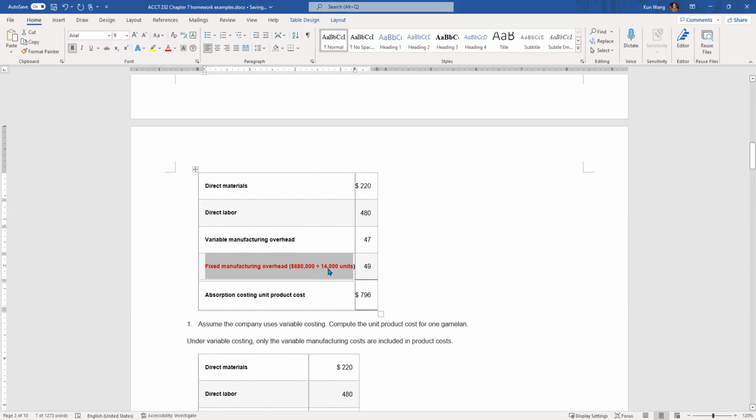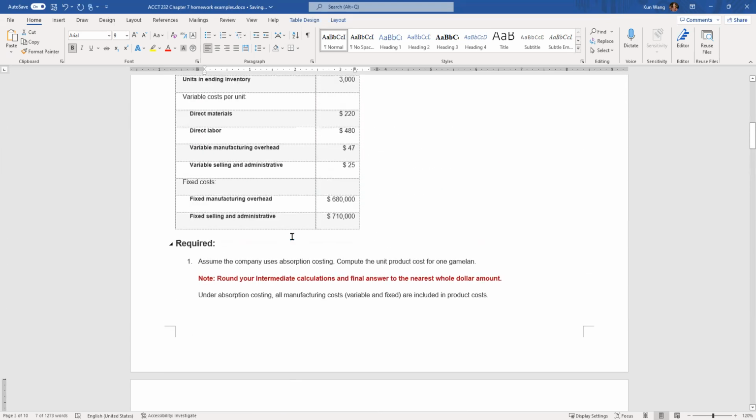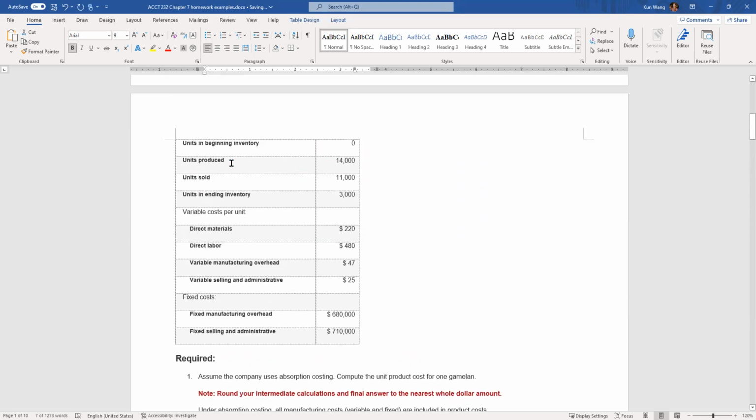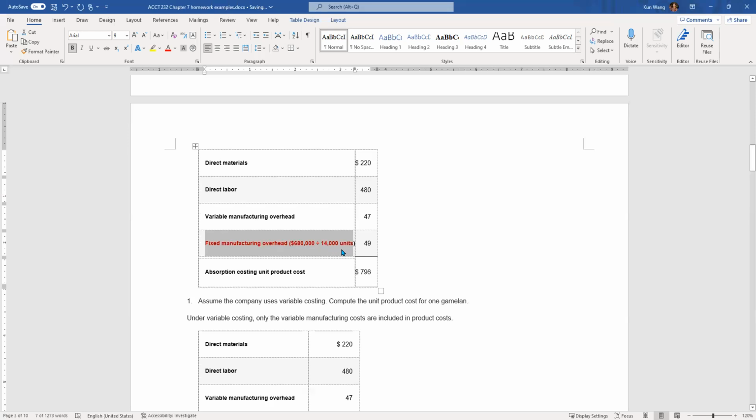The fixed manufacturing overhead is incurred for all of the units we produced, not only the units sold. So we convert the fixed overhead on a per unit basis. We need to divide by the 14,000 units produced rather than the units sold. Okay, so be very careful.